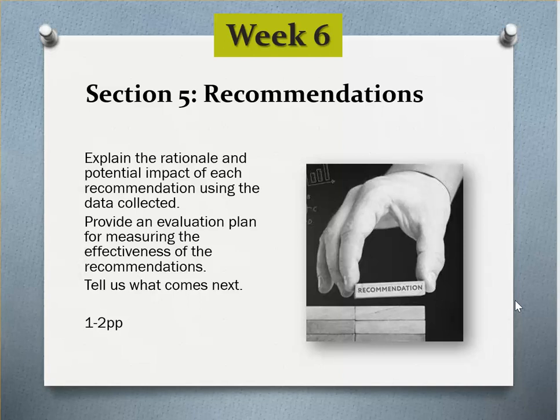And what's the value of that to your library? Provide an evaluation plan. So how are you going to see if whatever you determined is a good recommendation, or an intervention, if you will, has succeeded? What is your way, in other words, of following up on the effectiveness of the recommendations? And tell us what's coming next, right? This should be 1 to 2 pages.